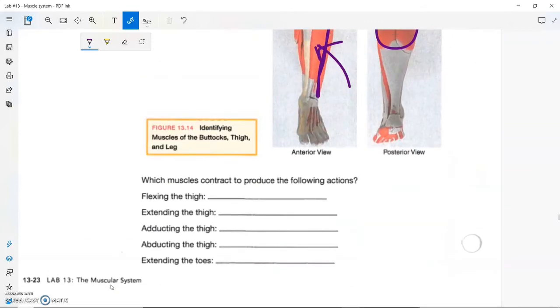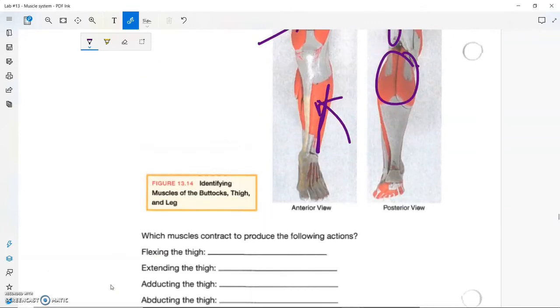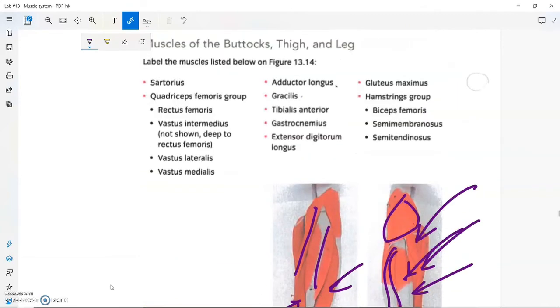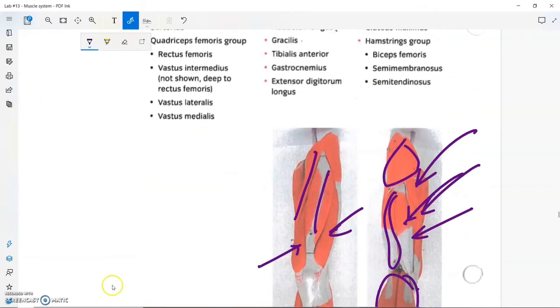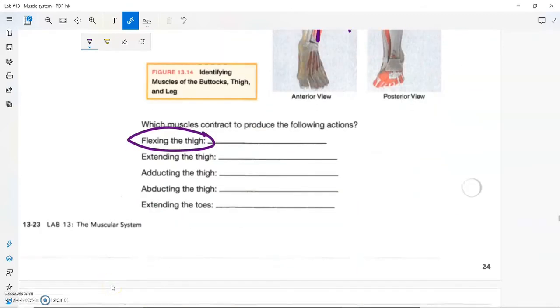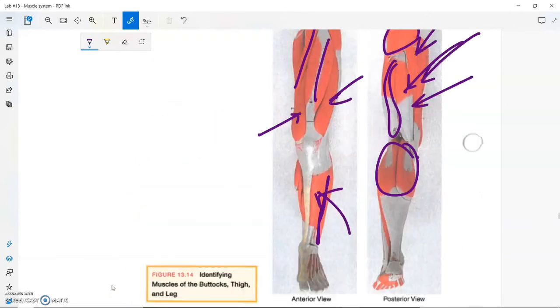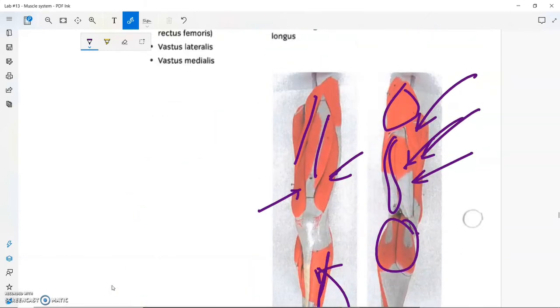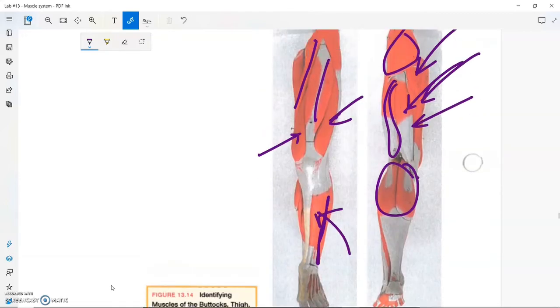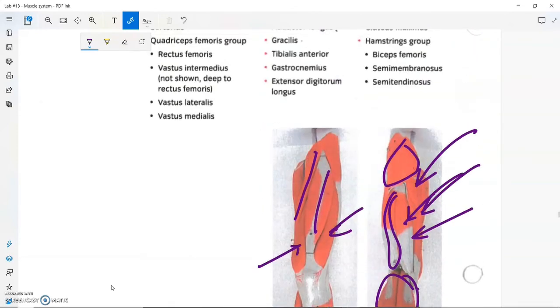So flexing the thigh will be all your quadriceps group, while extending the thigh, that to a large extent will be gluteus maximus. Adducting the thigh, bringing it closer to the center line, would be gracilis, adductor longus out of that group.